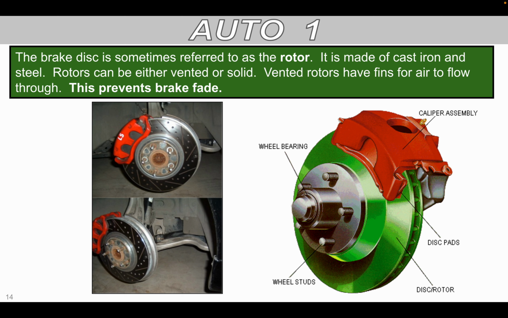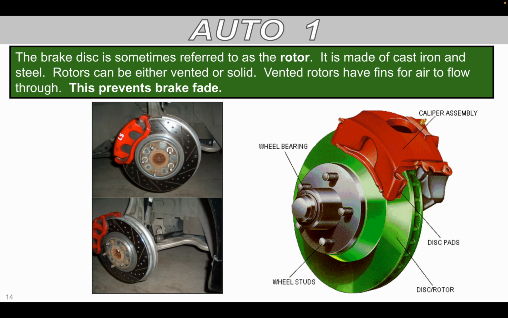Now, depending on where our disc brake is located, whether it's the front brakes or the rear brakes, is going to determine if it is a vented or a solid rotor. The picture that you see here, that green rotor, that is a vented rotor, which means air can get in between there.